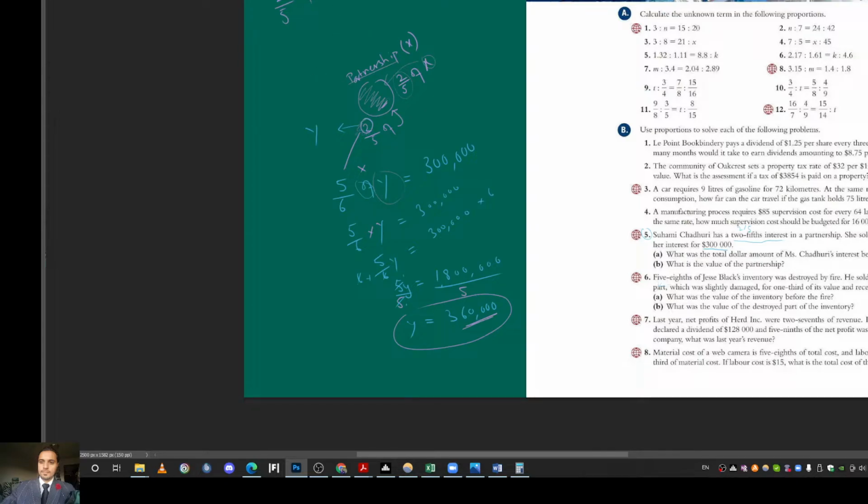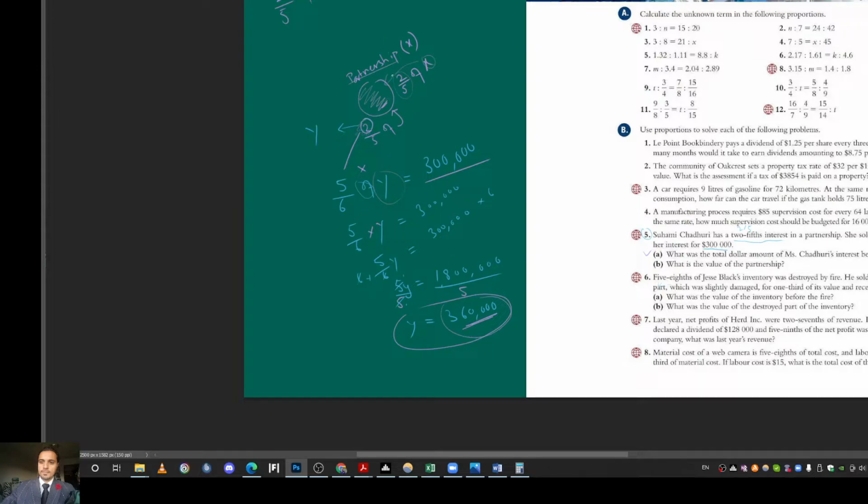So 2/5 of the X is this much. What is the dollar amount of Mrs. Chaudhry's interest before selling? This was 360,000. That's the answer to this one. And 5/6 of it, which was 300,000, she sold, and she's left with 1/6 of it, so she's got $60,000 left.